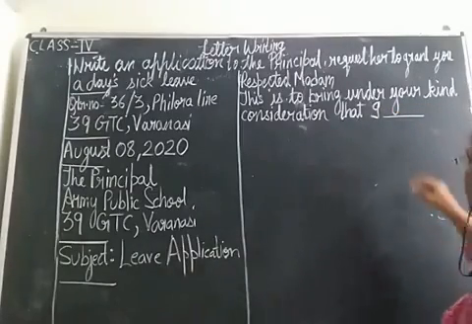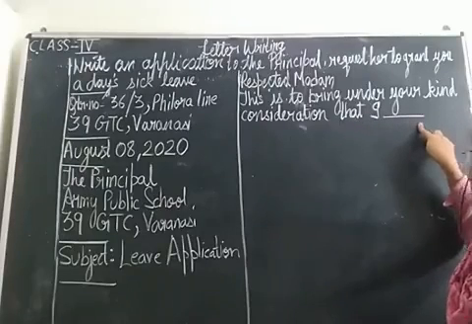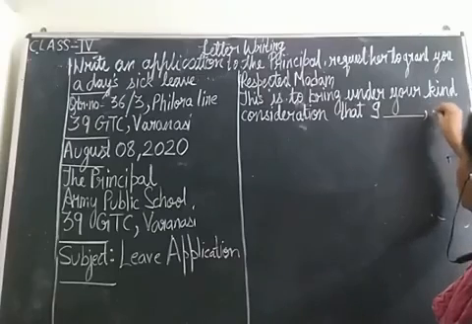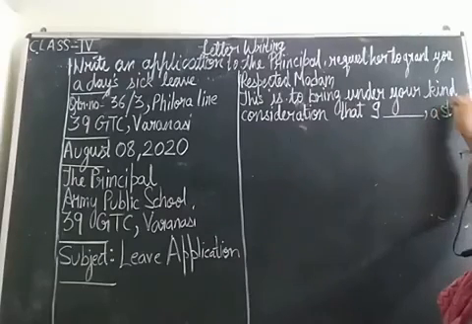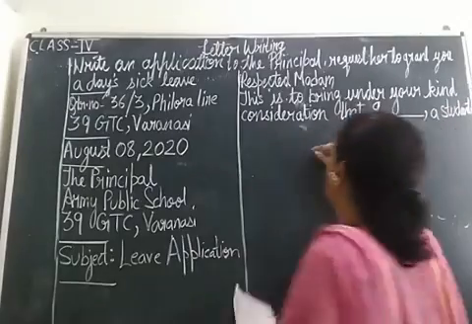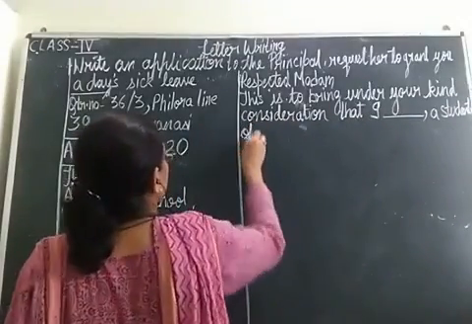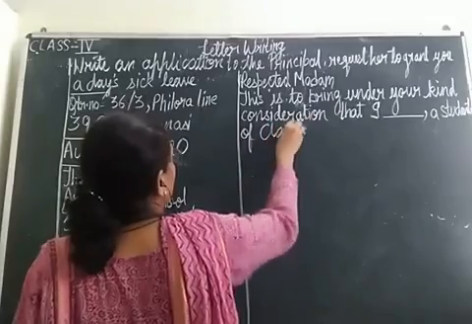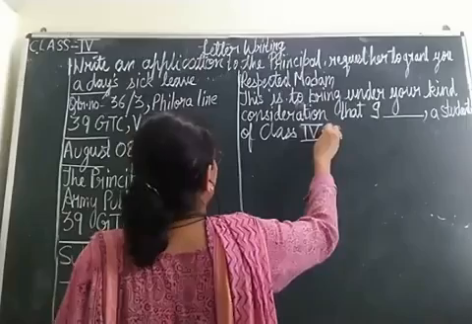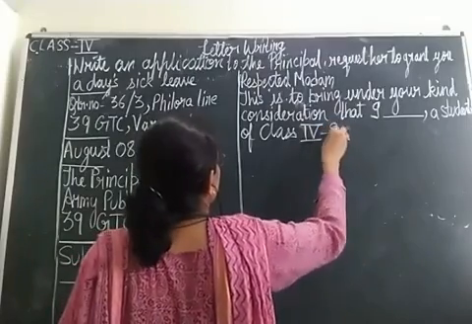That I, this dash is for writing your name. Then a comma. A student of class 4th, write your section.